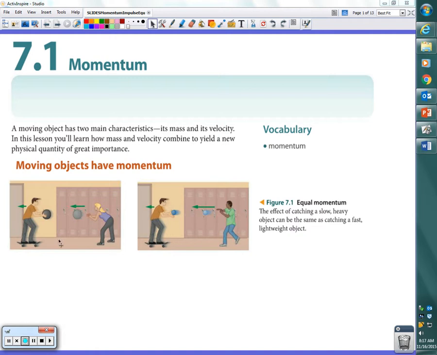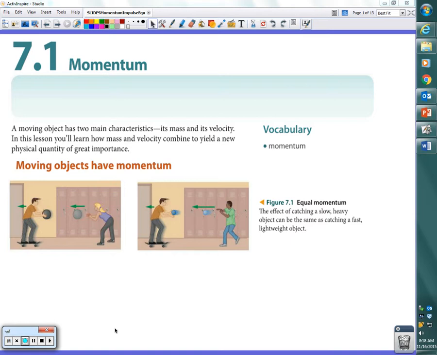But now let's go with the one on the right. On the one on the right, same guy, same skateboard, different object though. And you can kind of tell from the arrows, the green arrows are representing velocity, okay? This big object has a short green arrow, and this smaller object has a much bigger green arrow, right? Representing that that smaller object is being thrown much faster.